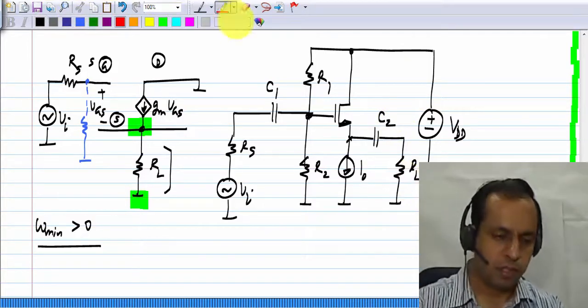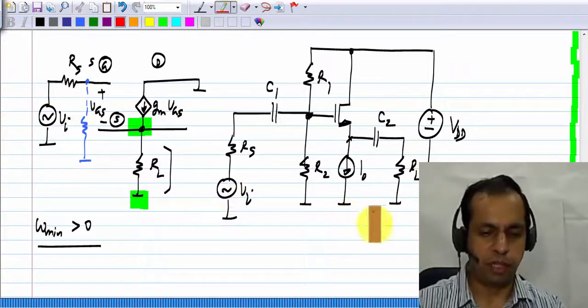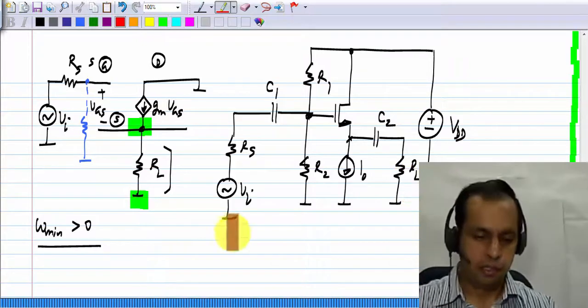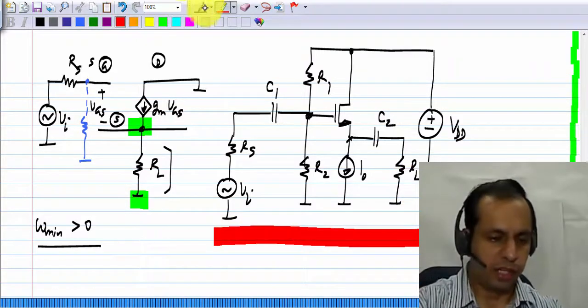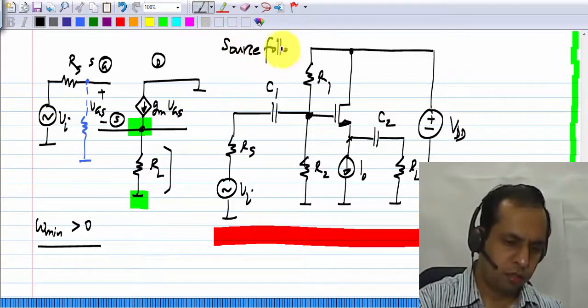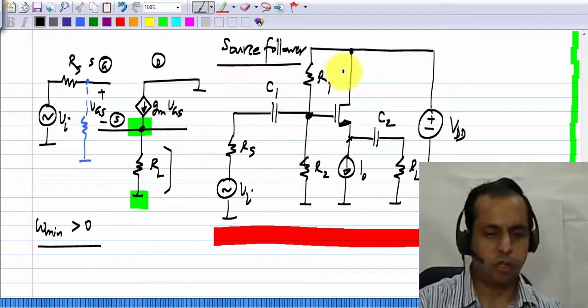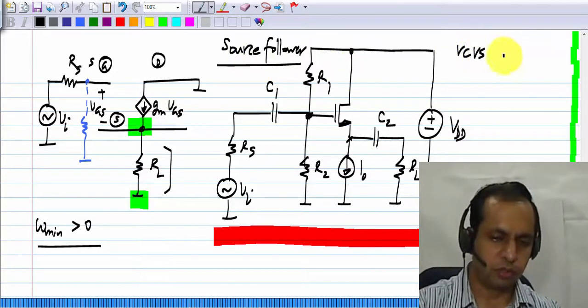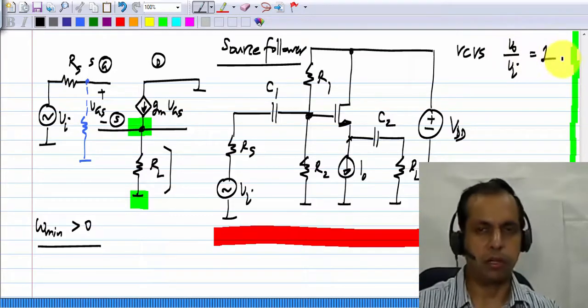Now we have biased the transistor, we have connected the input, and we have also taken the output. So this circuit is the complete diagram of the source follower or the common drain amplifier, or a voltage controlled voltage source with a gain of approximately 1.